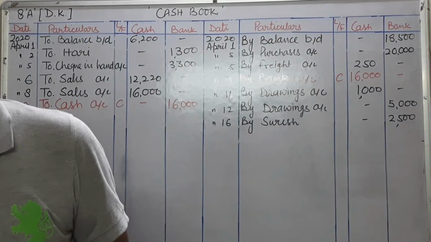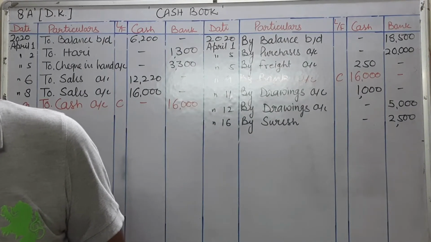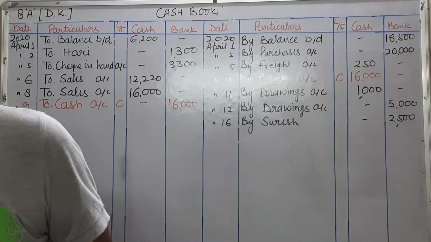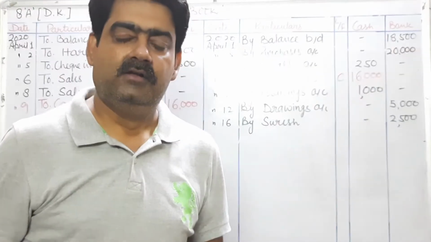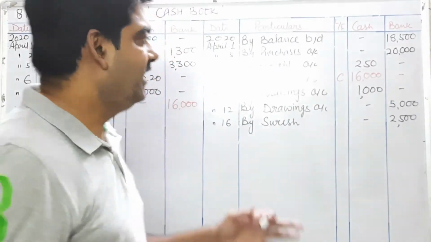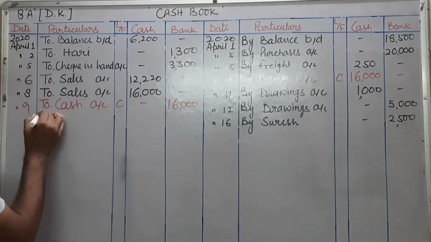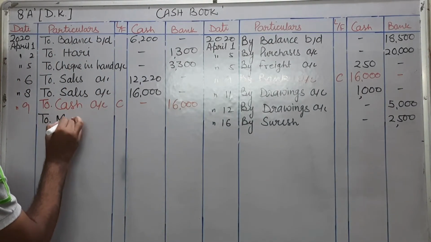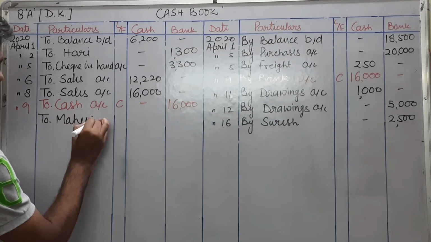Now next, on April 22, received check from Mahesh and deposited it into bank, 2,700. So bank account debit to Mahesh, and the treatment will come in the cash book to Mahesh.